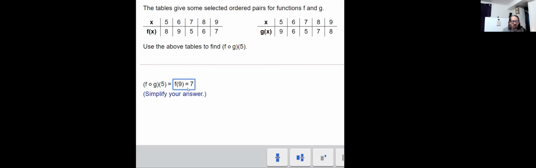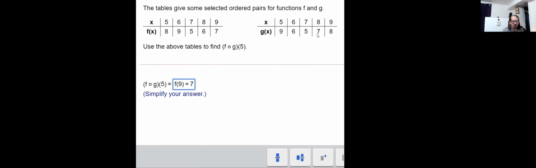I'm going to erase that in a moment, but I need to point out the following. If we had reversed the order, g follows f of 5, with f acting first, then f would send 5 to 8, and then 8 would go to 7.